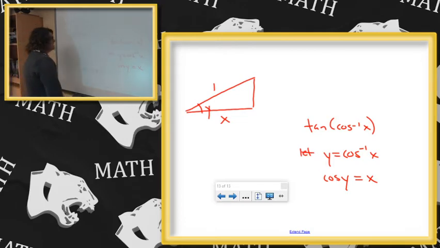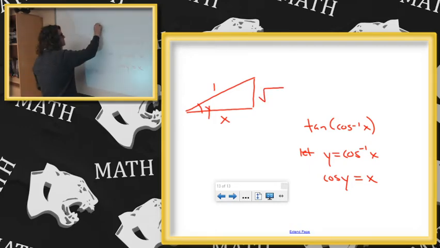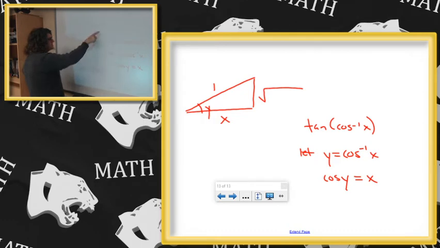So the easiest ratio for that is probably x divided by 1. And then if I want to, I can label this side over here as being this thing squared plus that thing squared is equal to that thing squared, or in reverse, that thing squared minus that thing squared, square rooted, is this one.